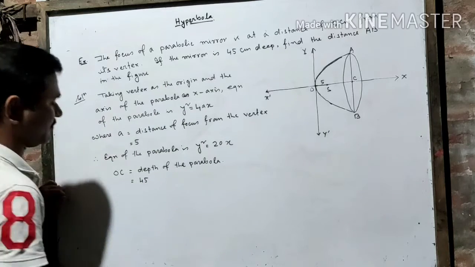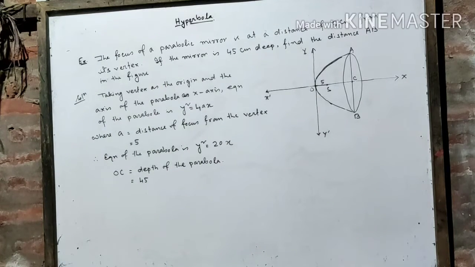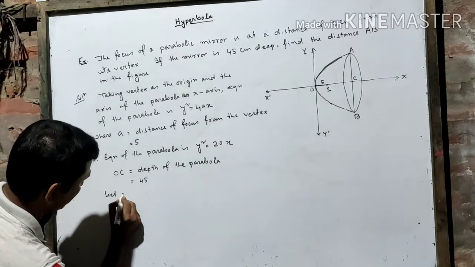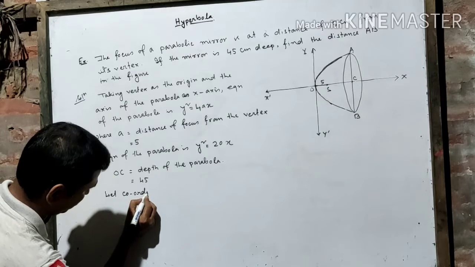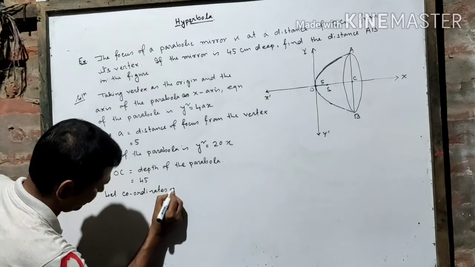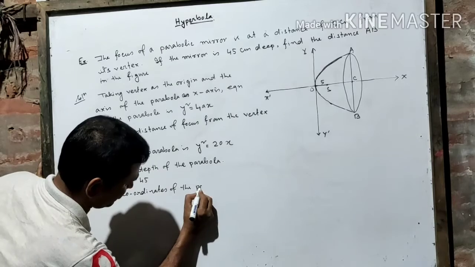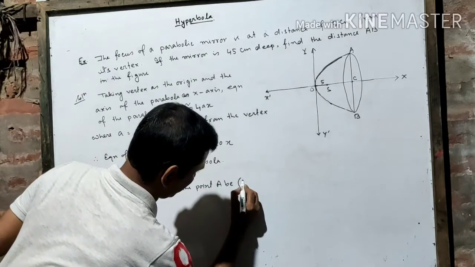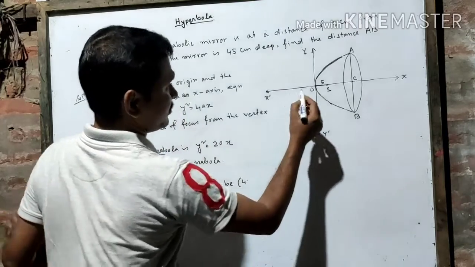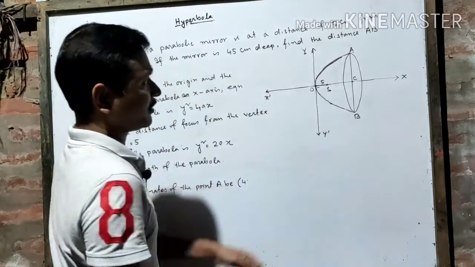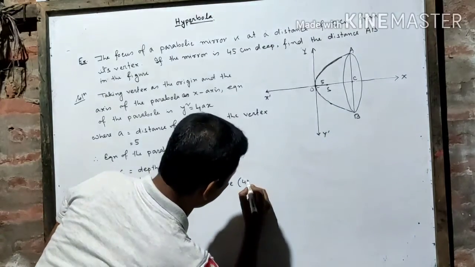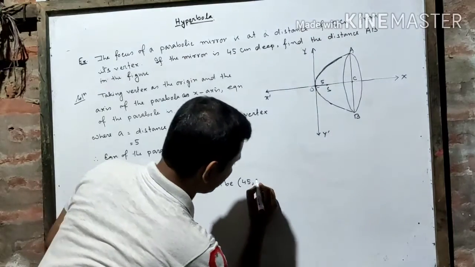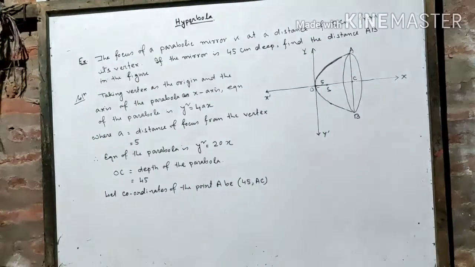So from the figure, let the coordinates of the point A be such that OC is the x coordinate for point A, which is 45, and the length AC is the y coordinate.